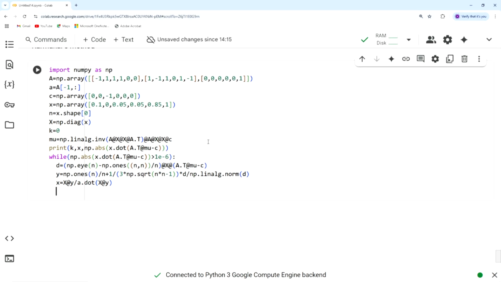Now you have to write k equal to k plus 1, and of course capital X has to be the new diagonal matrix and mu needs to be replicated.